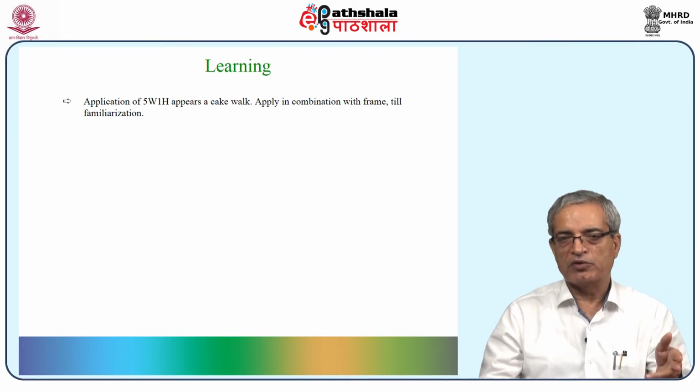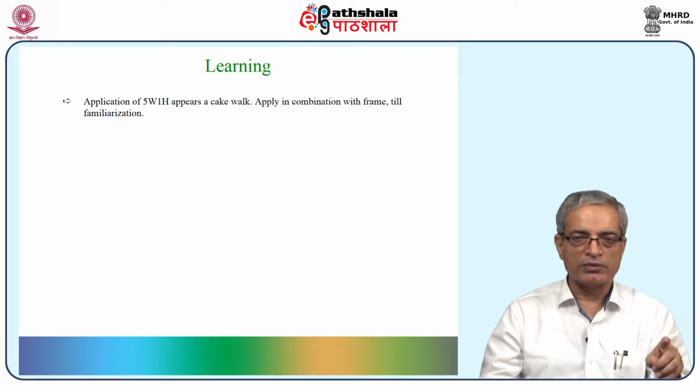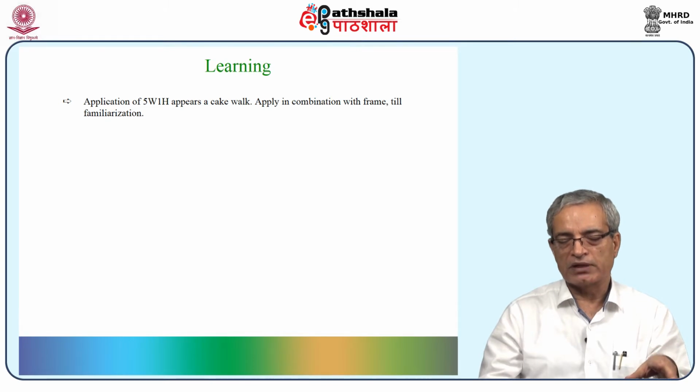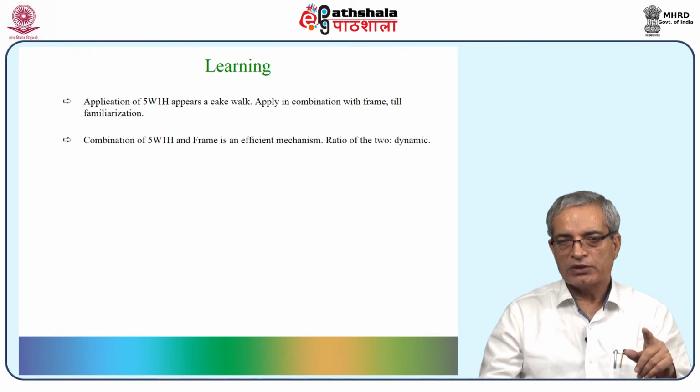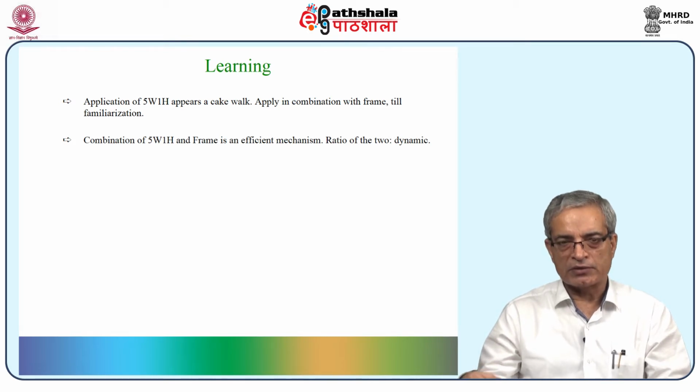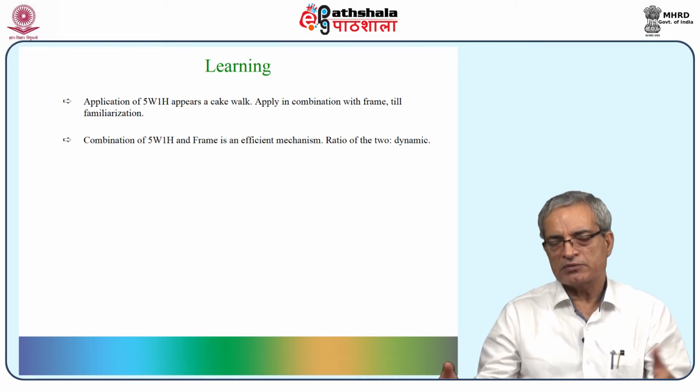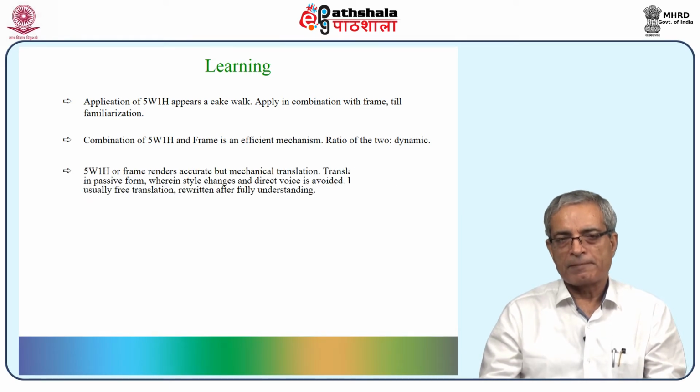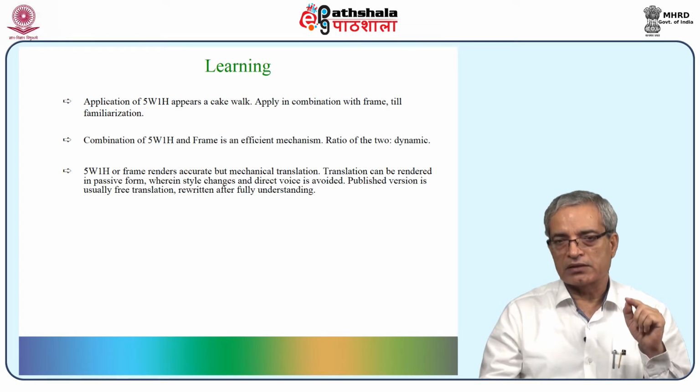The application of 5W1H appears a cakewalk. Apply in combination with frame till you get familiarized with the uses of 5W1H. The combination of 5W1H and frame is an efficient mechanism. The ratio of the two is dynamic, means sometimes it can be 5W1H as main, and sometimes it could be frame as the main, and sometimes it could be 50-50 also. 5W1H or frame renders accurate but mechanical translation.